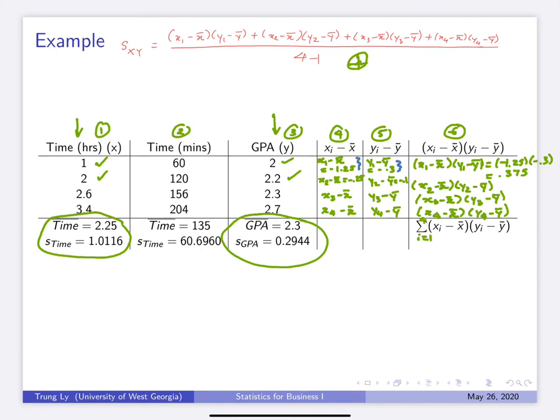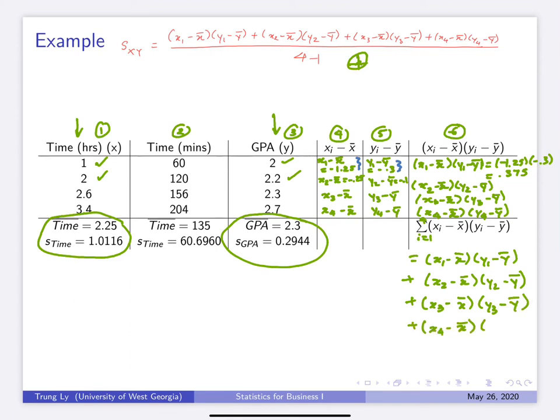In this case, we have 4 observations, so i runs from 1 to 4, which is equal to x1 minus x bar times y1 minus y bar plus x2 minus x bar times y2 minus y bar plus x3 minus x bar times y3 minus y bar plus x4 minus x bar times y4 minus y bar.